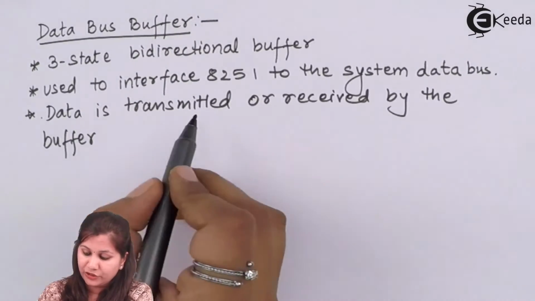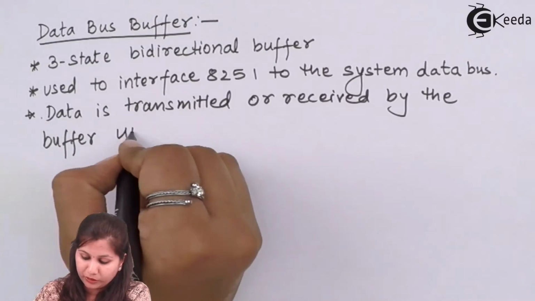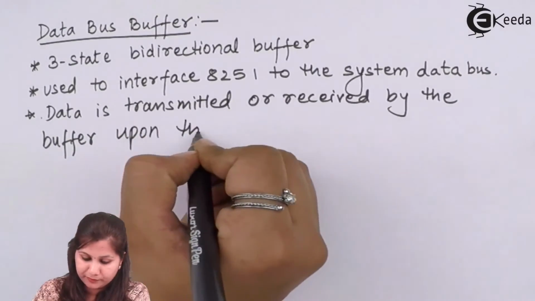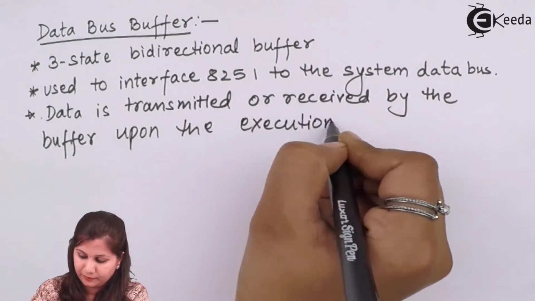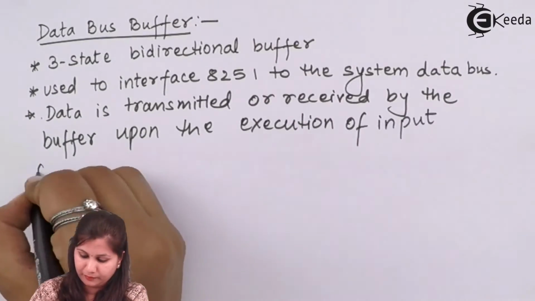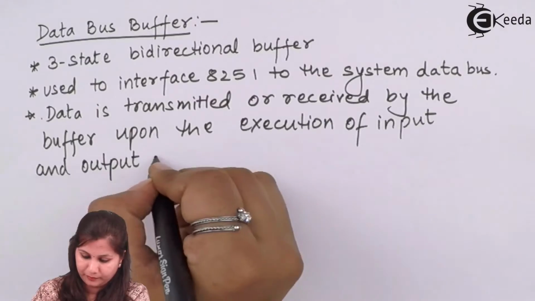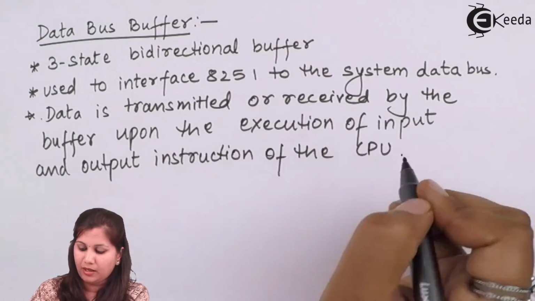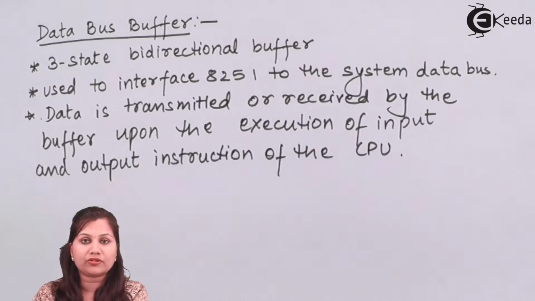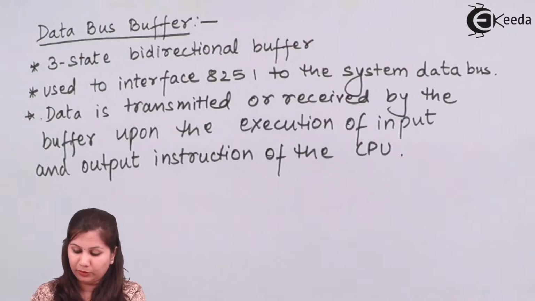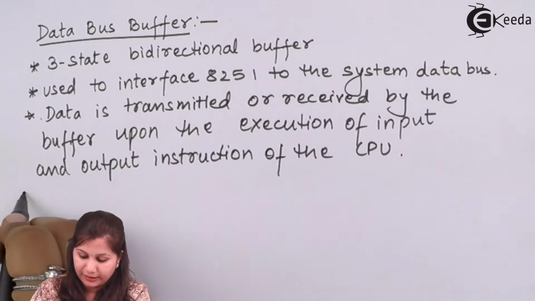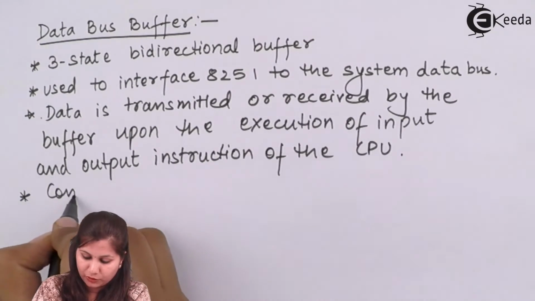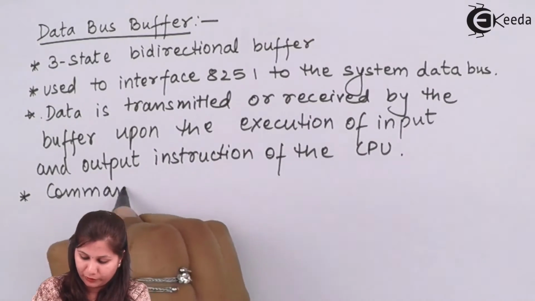So the data is transmitted, received by the buffer upon the execution of the instructions which are given by the CPU. Now here the data can be the command words also and status information also.